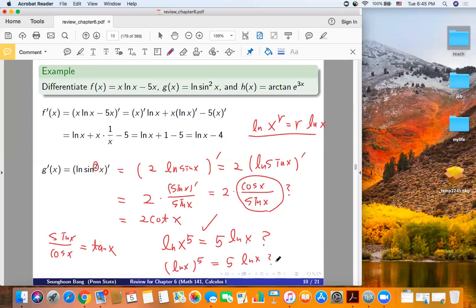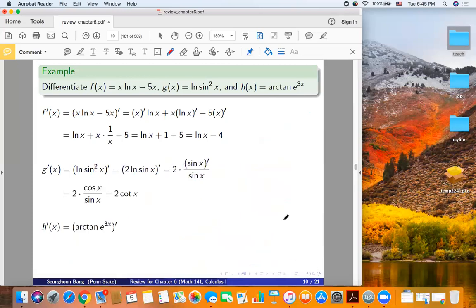What do you think, is this right? No, really be careful. This is not 5 ln. The 5 is a power on just x, so it comes out. Is 5 a power on the ln of x? No, 5 is not going down. It is not 5 times ln of x. So really be careful.